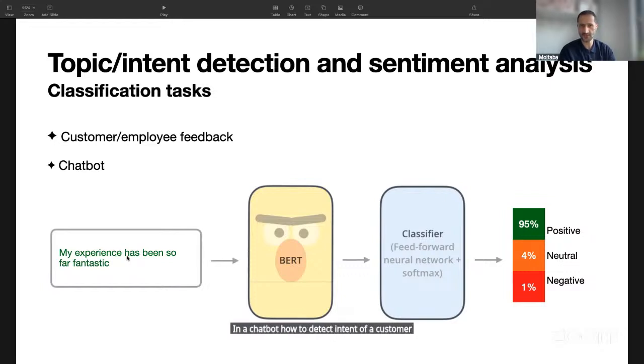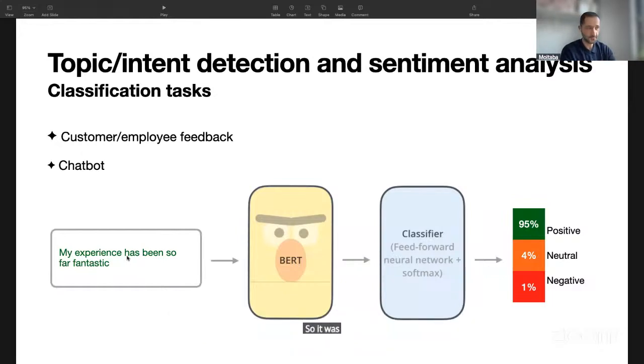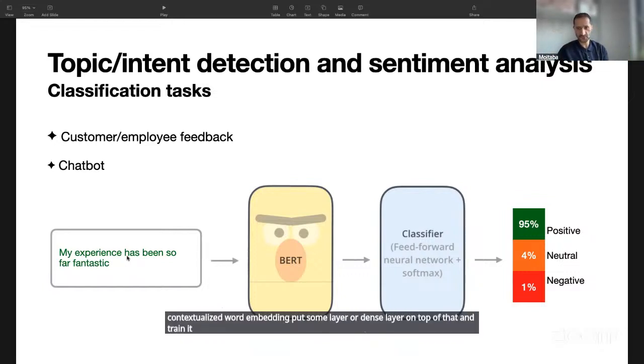It was like a flow: you start by asking your question in the chatbot, we try to detect your intent, and based on the intent, we generate some new questions for you. So it was intent-based. Essentially, we could use BERT, utilizing contextualized word embeddings, put a dense layer on top of that, and train it for your specific use case.